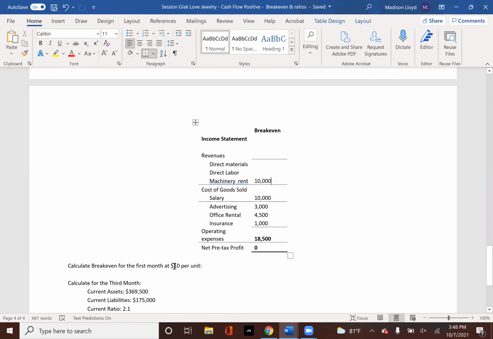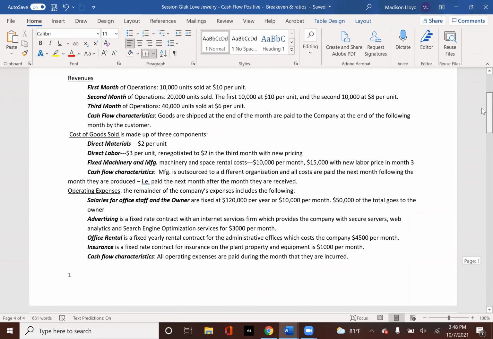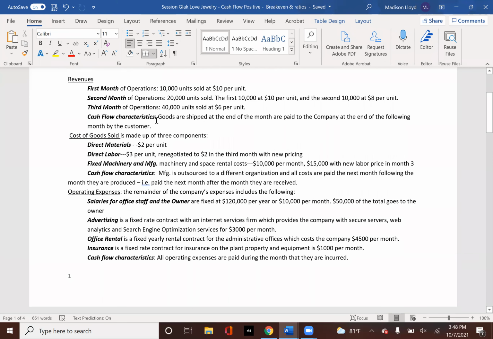For our first month, our unit price is $10. So you're going to scroll back up here. Unit price $10,000 or $10. Sorry, wish it was $10,000, but no, $10 per unit. Your direct materials are going to be $2 per unit, and your direct labor is going to be $3 per unit. So 3 plus 2 equals 5.